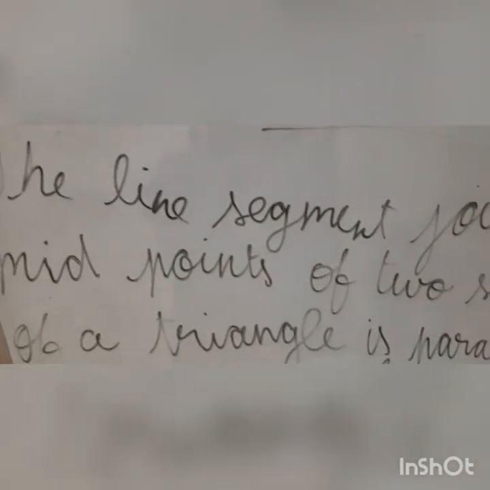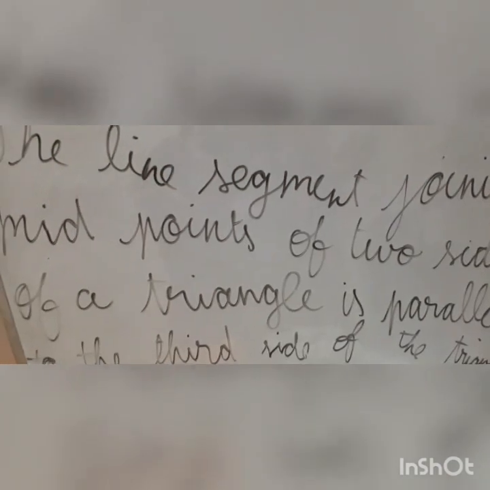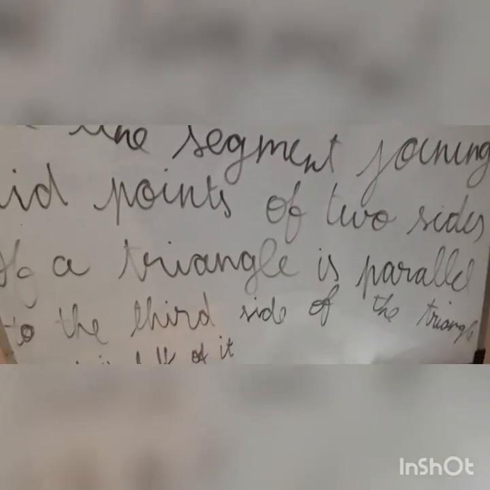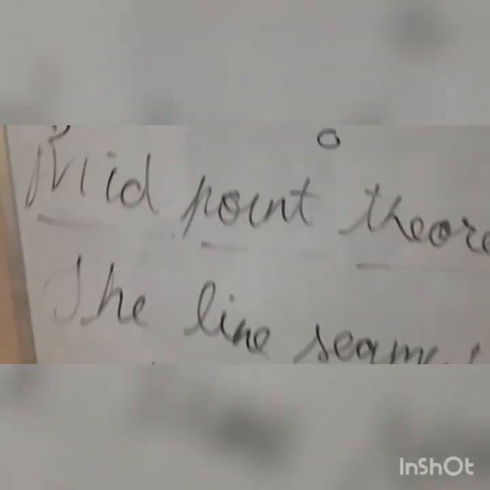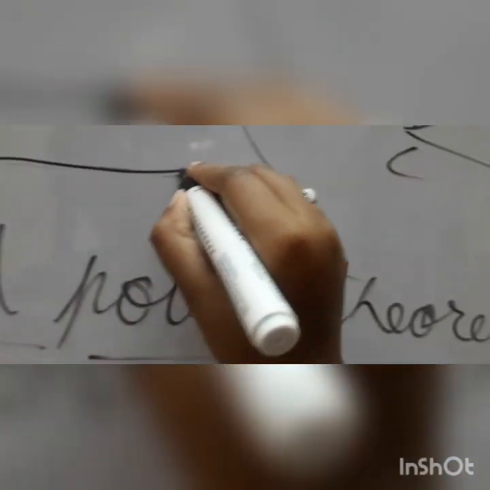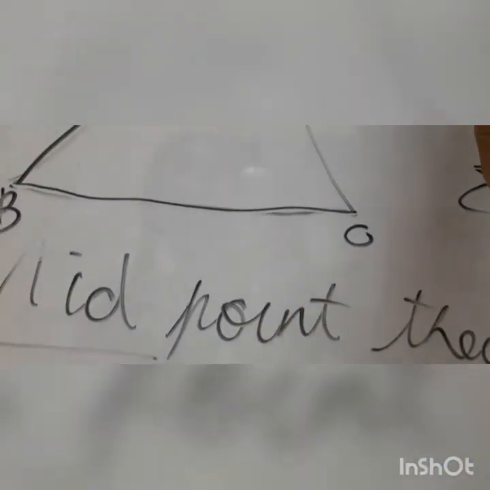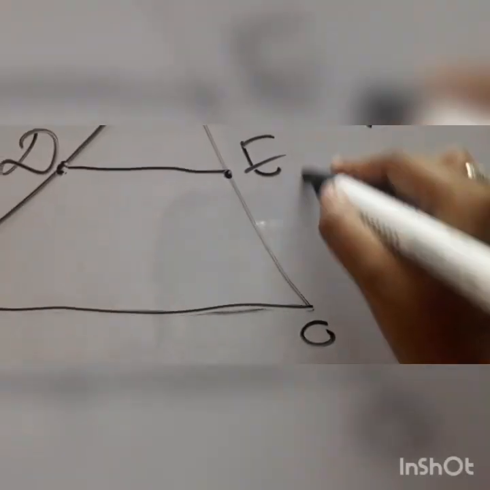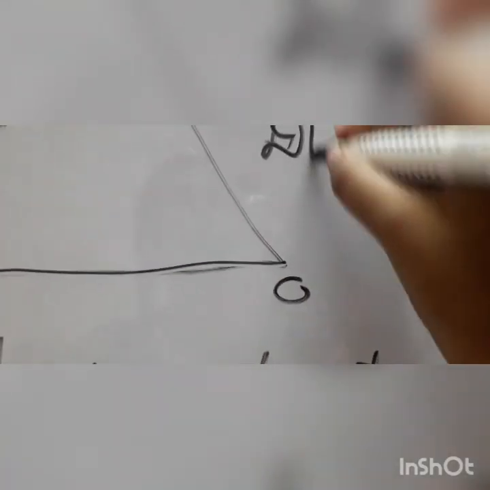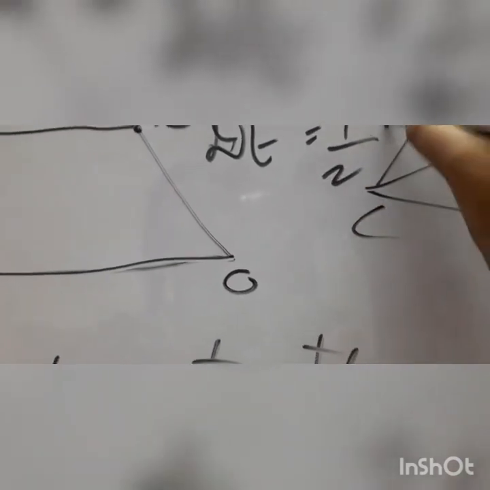So the line joining midpoints of two sides of a triangle is parallel to the third side of the triangle and is half of it. That means DE is parallel to the third side, which means DE is parallel to BC. Then it is half of it, I mean DE is equal to half of BC.